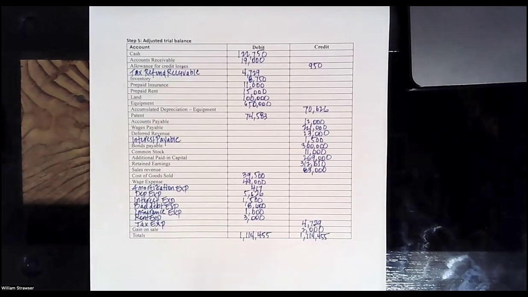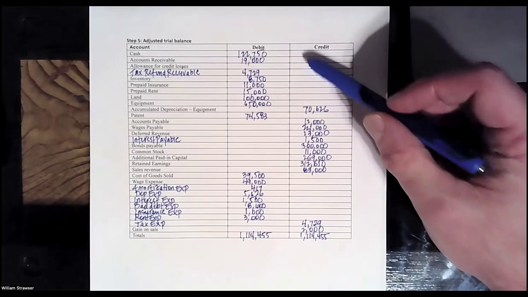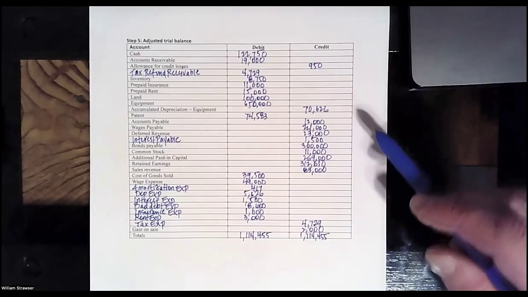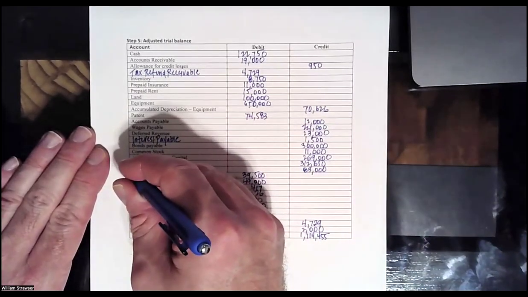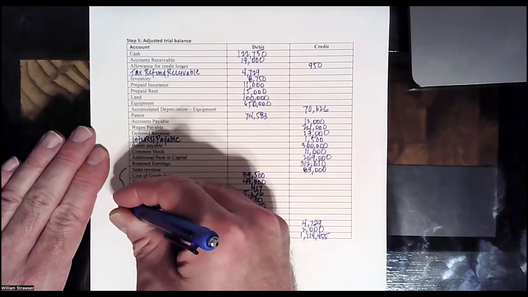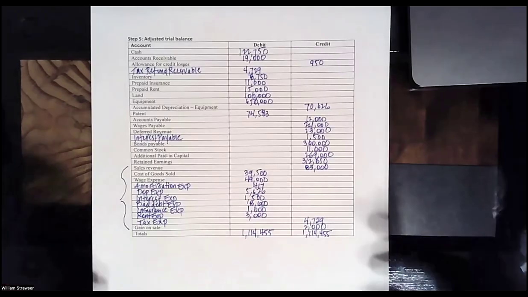Okay, so now that we've finished the adjusted trial balance, we move into step 6. Step 6 is going to be where we take this information and begin making the financial statements. In particular, we're going to start with the income statement because once we have our adjusted trial balance, we have all of our income statement accounts present at the appropriate account balances, ready to go.